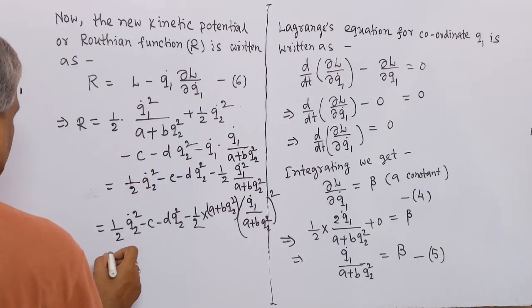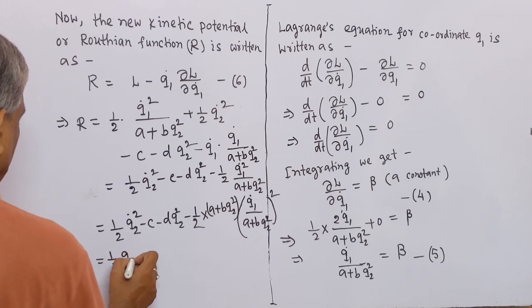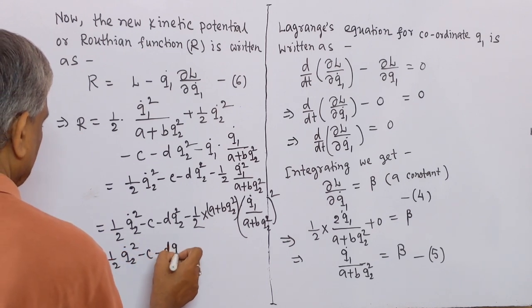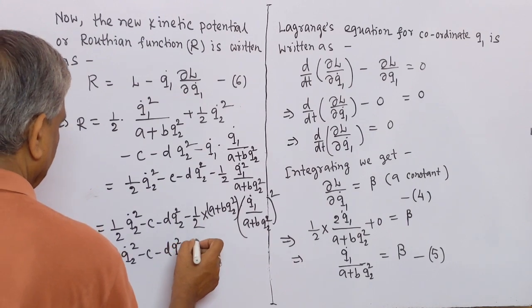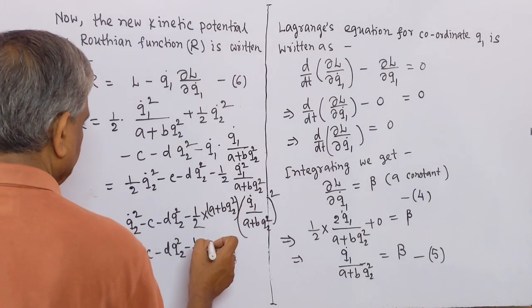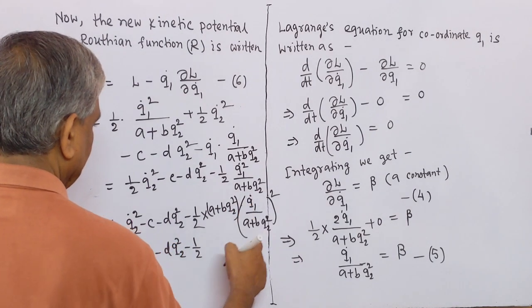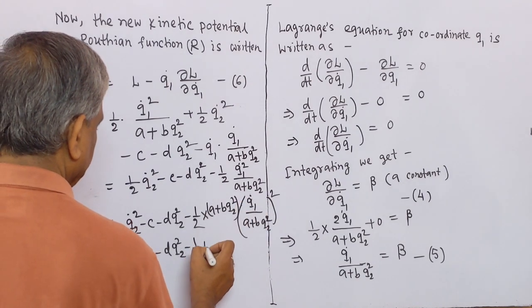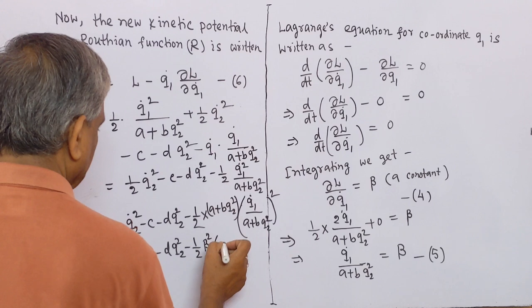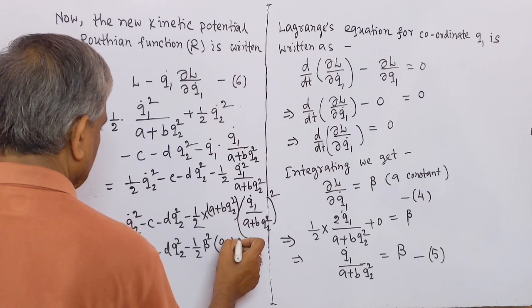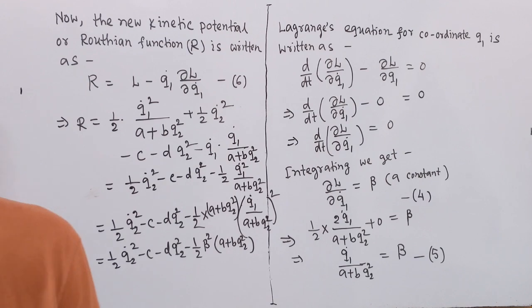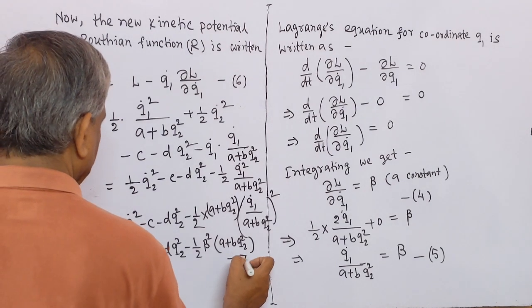This equals half Q2 dot square minus C minus D Q2 square minus half beta square (A plus B Q2 square). This is number 7.